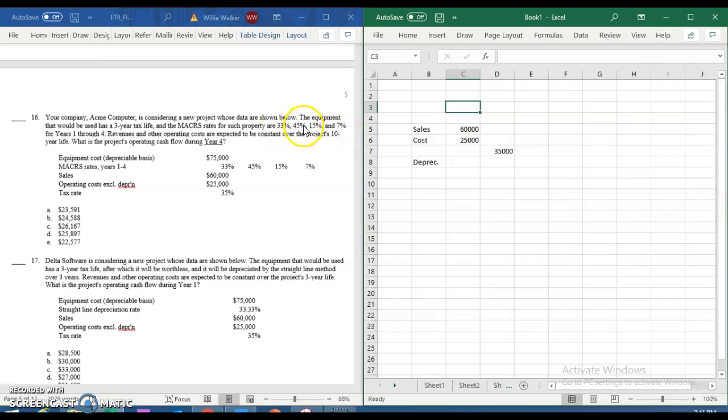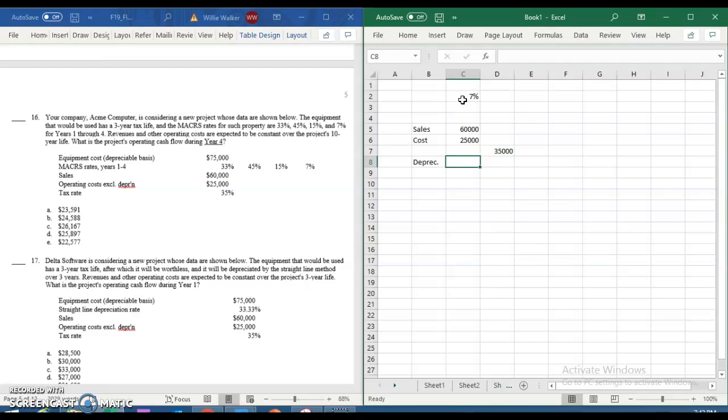Okay, so for year 1, 2, 3, 4, we're given 7%. The 7% is going to be the percentage of the equipment's cost that we can take in depreciation for that year. Okay, just think about it that way. 7% times the cost is going to give you the depreciation amount. So we got 7% for year 4.